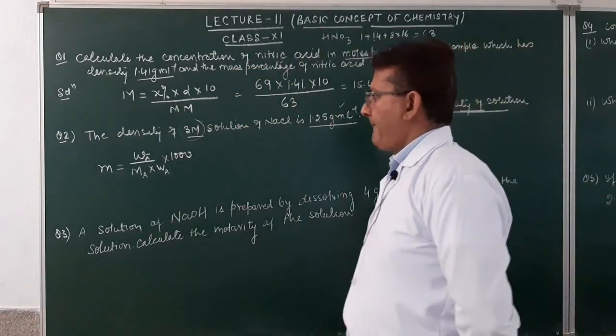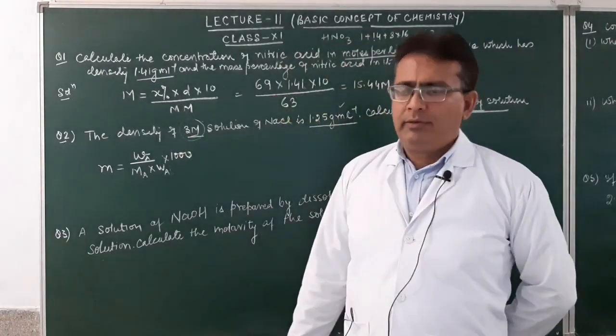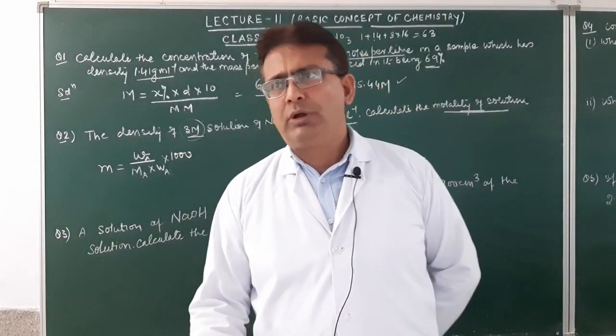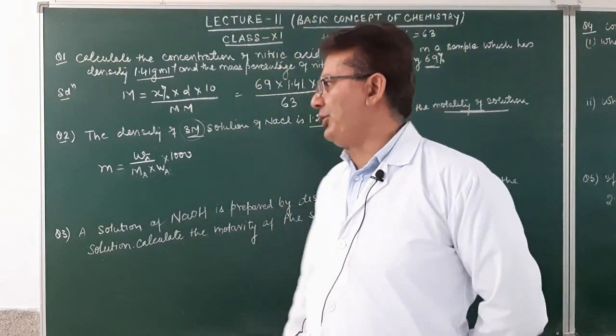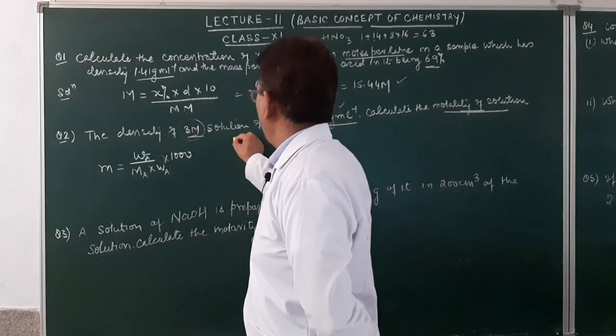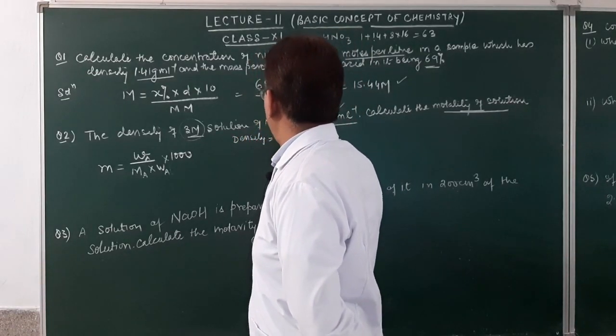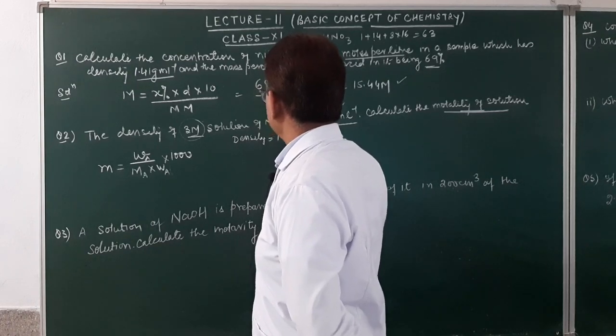Fine. So what is molarity? The number of moles of solute dissolved in a liter of the solution. This is density. So what is the density of the solution given? Density is equal to 1.25 gram per ml.